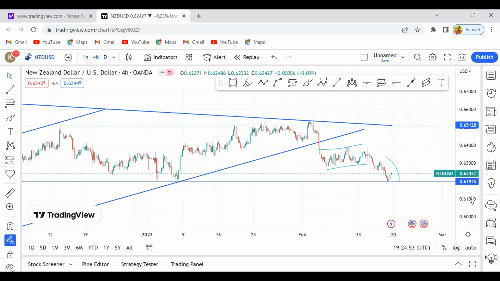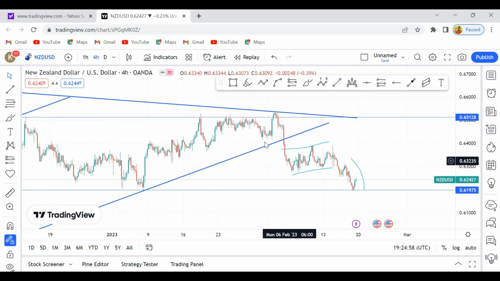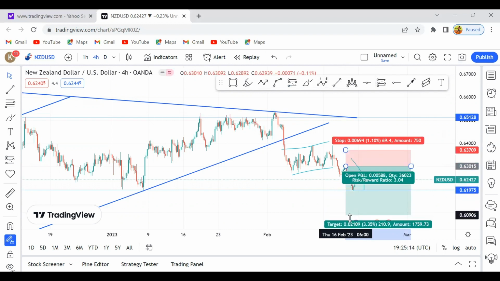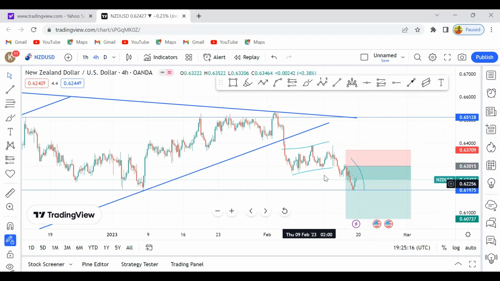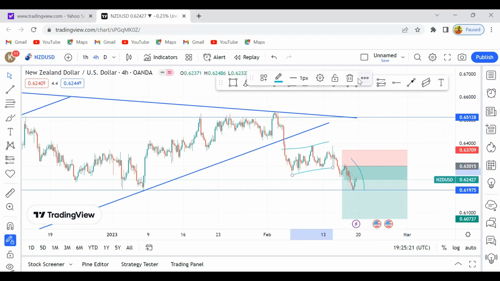Since you have this channel inside a channel, after the breakout of a channel, if we had missed this entry point, our other entry point would have been here at this level, knowing that the market will continually go to the downside, respecting this breakout channel. Okay, so let me remove this.